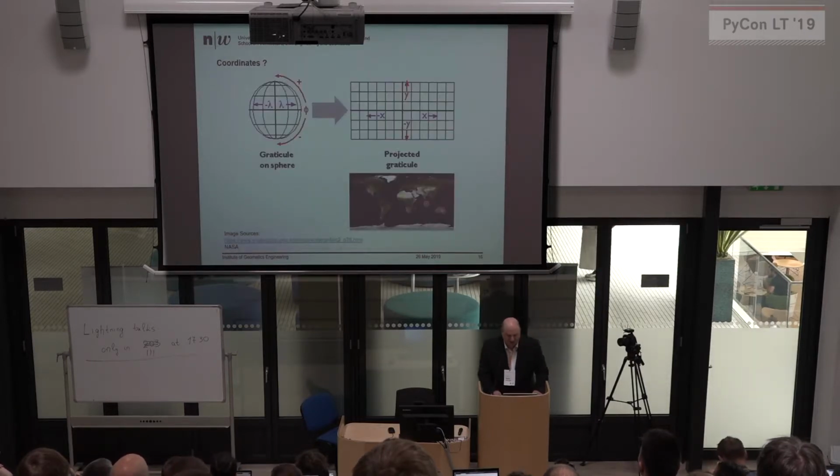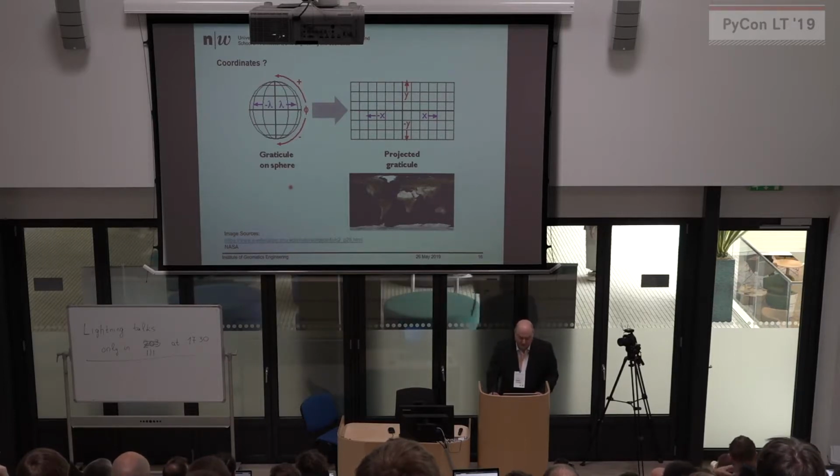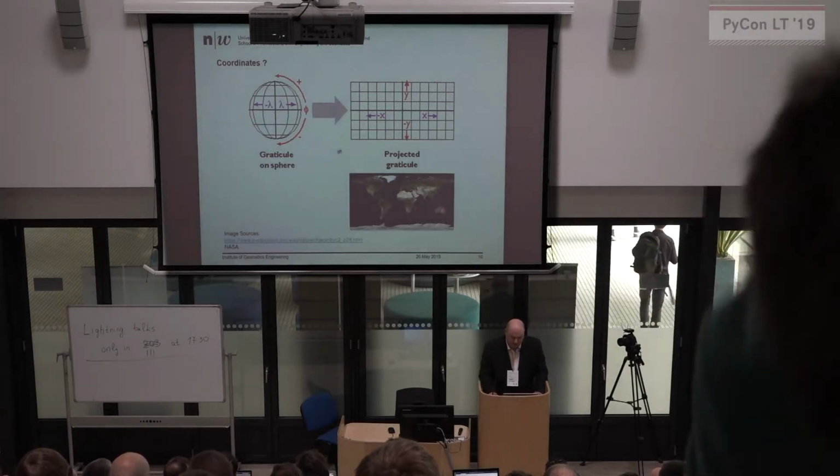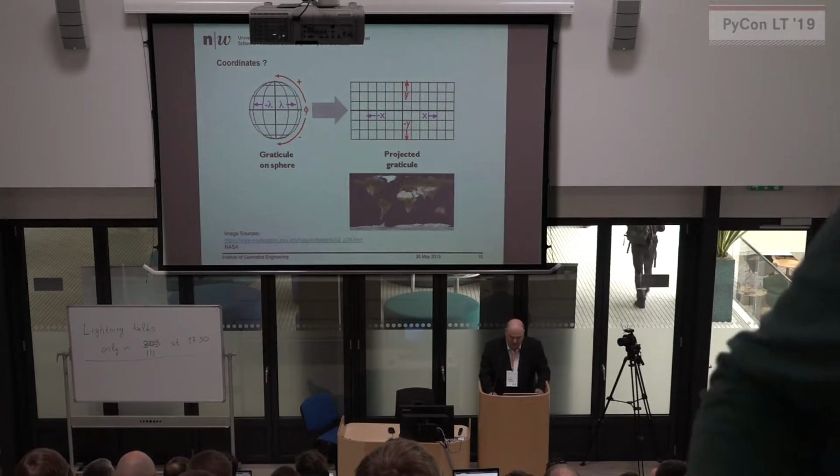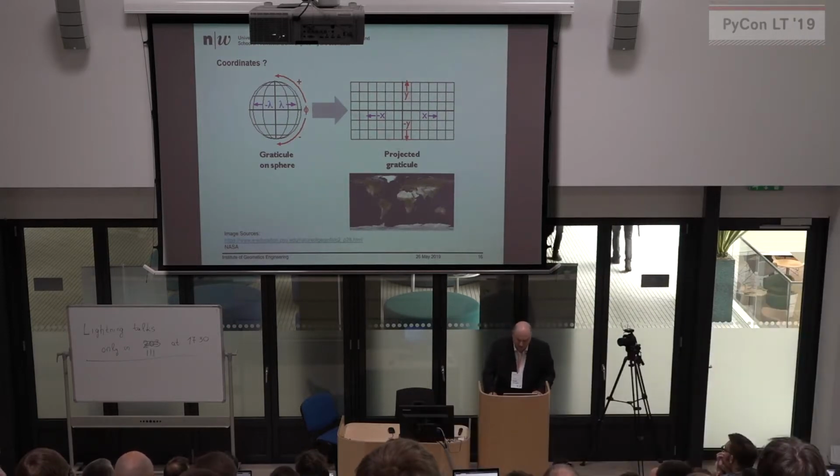So you saw some coordinates, but how are coordinates defined? And that's a really different case. Usually we use geographic coordinates. We have longitude and latitude. Latitude is the coordinate along the, let me say, y-axis, and the longitude is along the x-axis.